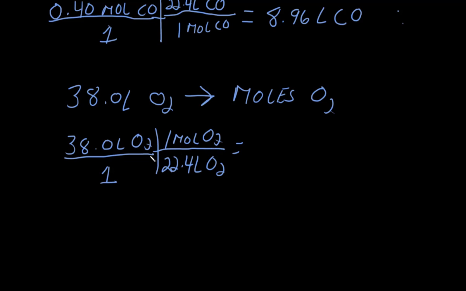As you can see, liters of O2 are in the numerator here and the denominator here, so those two cancel out, and I'm left with moles of O2, which I'm looking for. If I do the math, it's 1.73 moles of O2. So this will hold true for any gas at standard temperature and pressure.